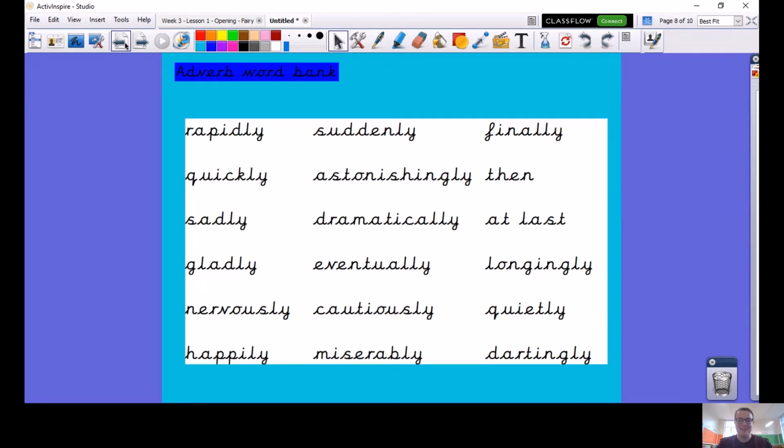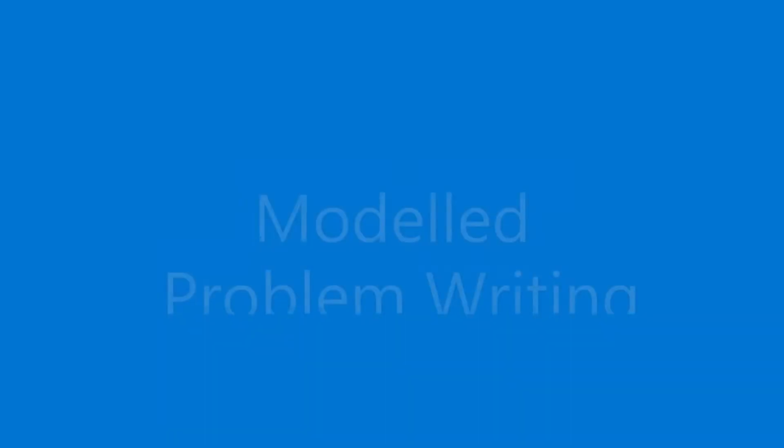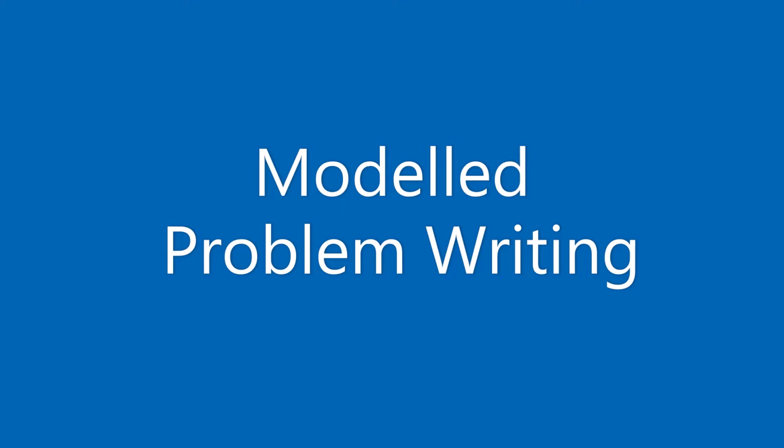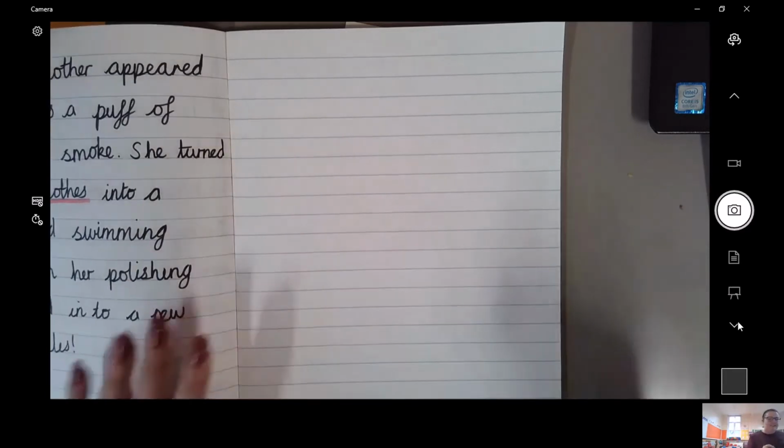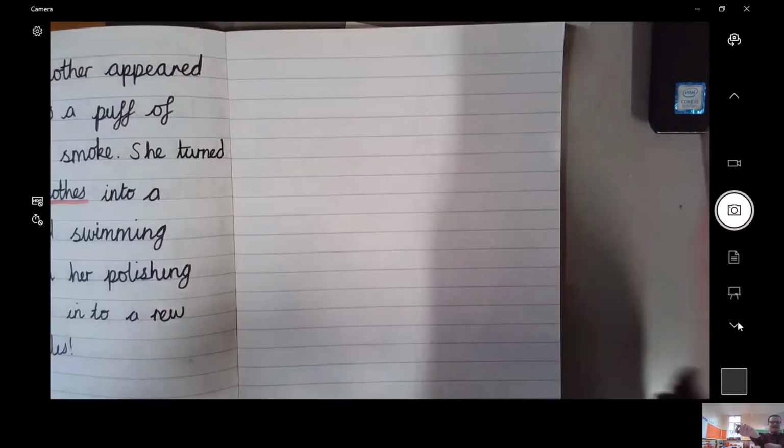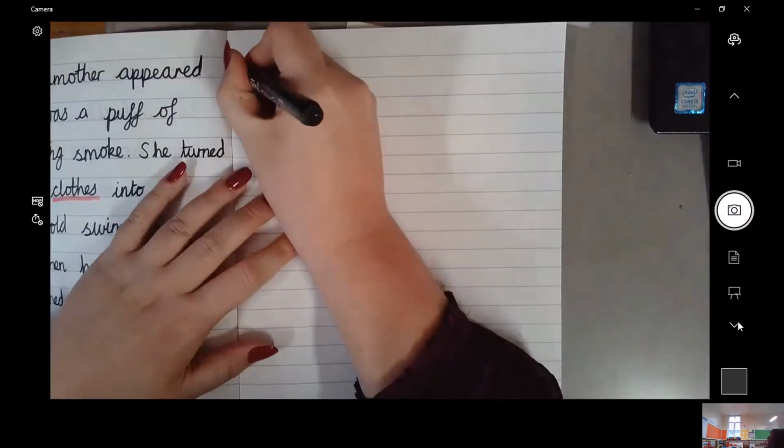It's time to watch the shared write. Okay, let's write our problem section of our text. So first of all, I need to write out the things that I need to cover in my text. So, number 1.